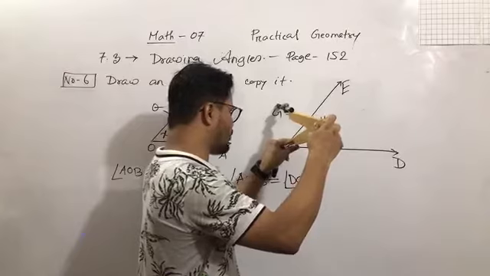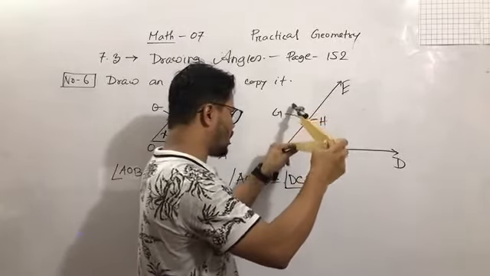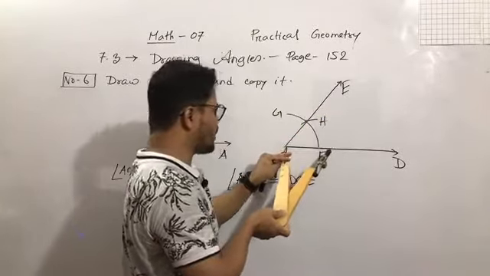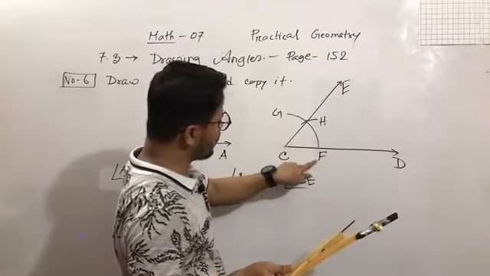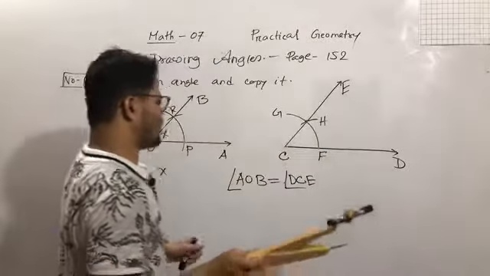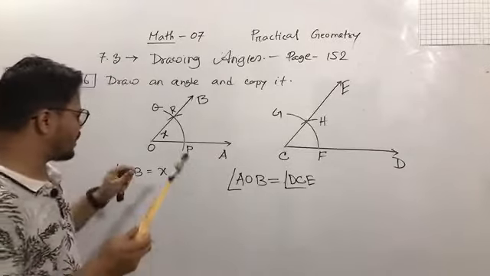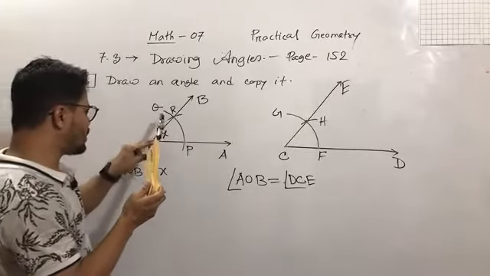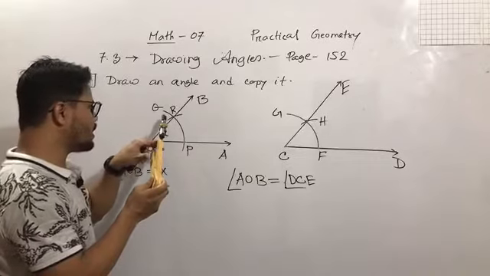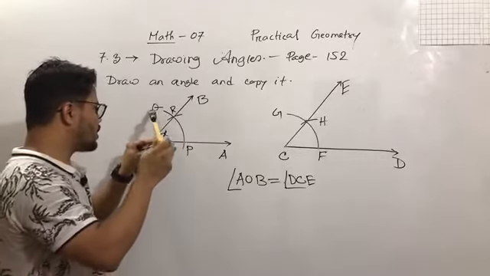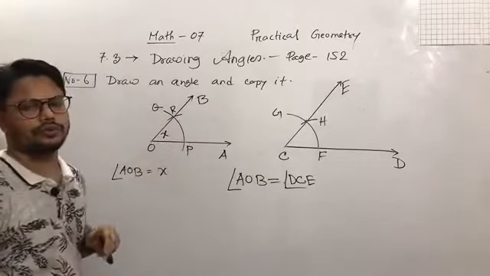Draw another arc with the same radius, which is GF. Again, for step 1, I am repeating: placing the pointer at O, taking any suitable radius, draw arc PQ.